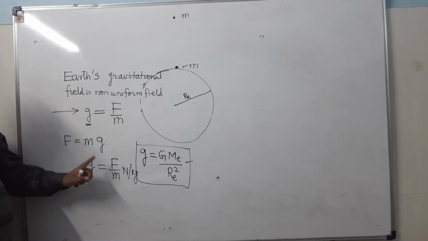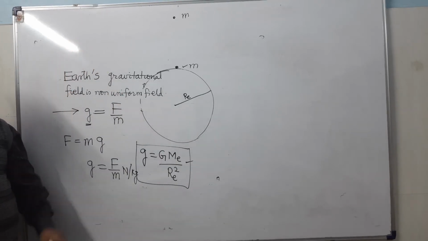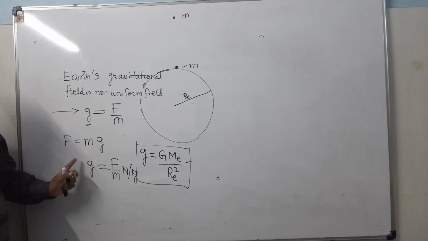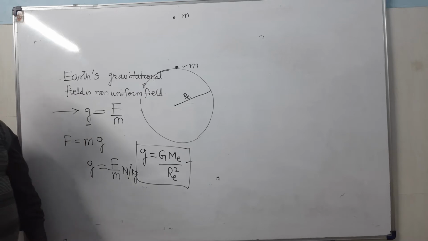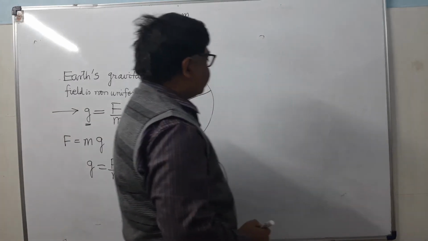And it is also defined in one more way near the Earth's gravitational field: as the change in the velocity of a freely falling body per unit time, but only near the Earth's surface.